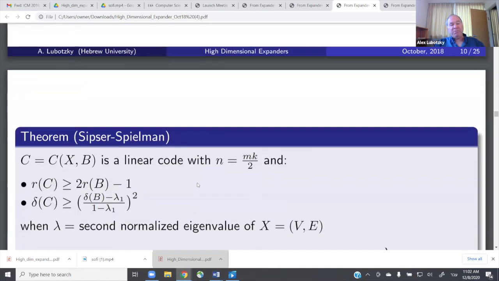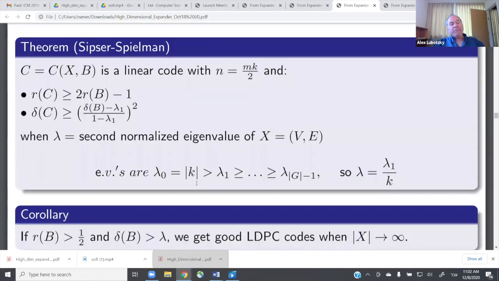And then Sipser and Spielman proved that this is a linear code. It is trivial to see that it's a linear code. The n is Mk over 2. That's also trivial.